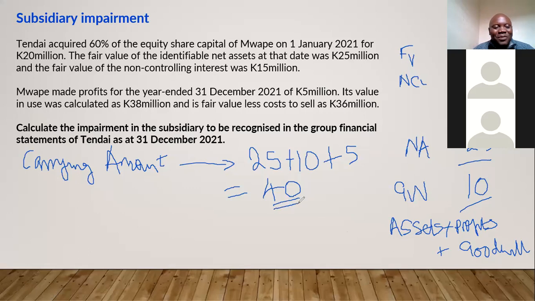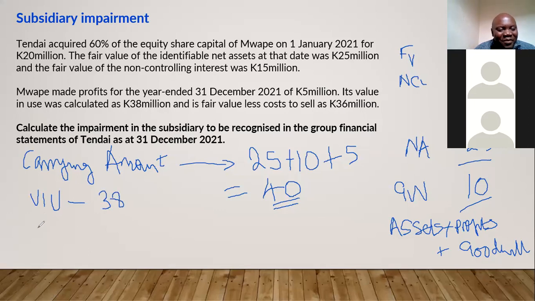We want to see whether there was any impairment whatsoever. We are told that its value in use, VIU, is 38.